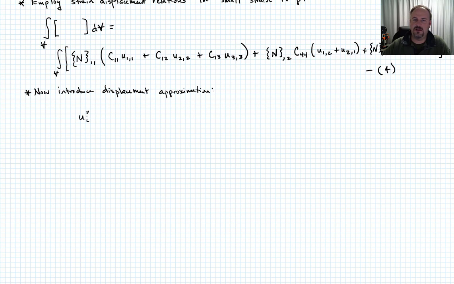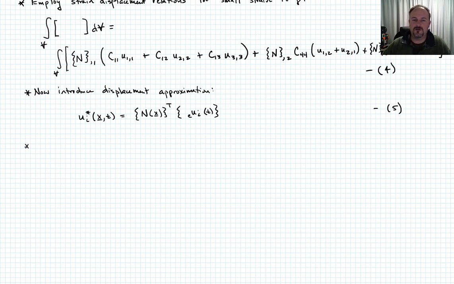It said that ui star, the approximate displacement of u in the i direction, is a function of both x and t, and that's going to be equal to the interpolation function n, which is only a function of x in this case, transpose times ui of t, where these are the nodal displacements as a function of time. Okay, so we'll call that equation 5. So that's the displacement approximation that we want to introduce.